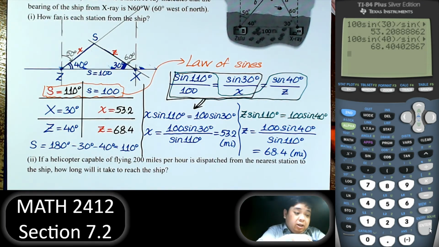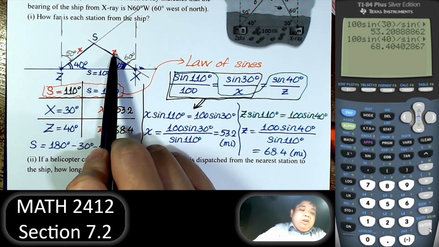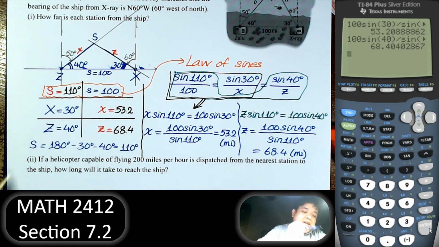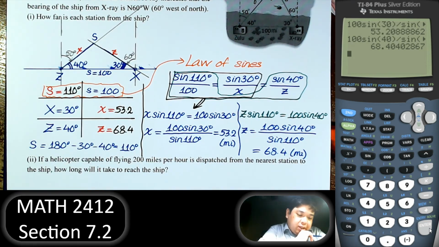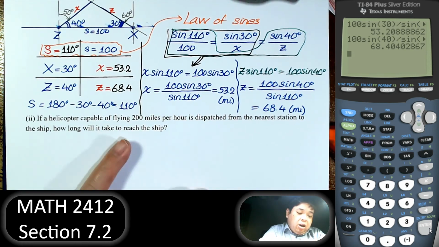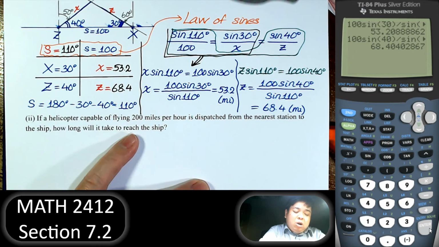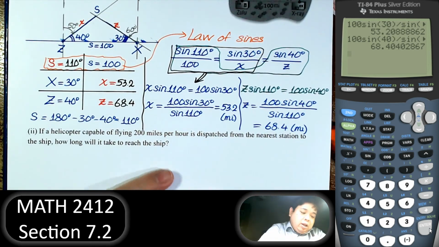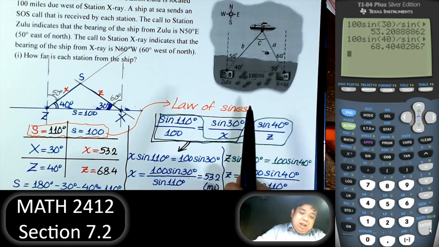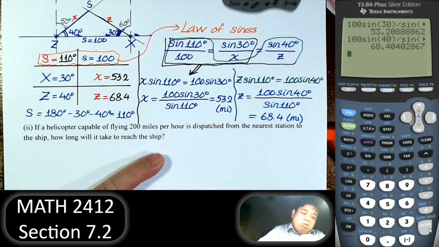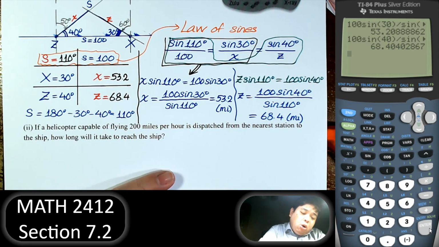Before we do anything, of course, the bigger angle will face the longer side, so this will be a longer distance than this one. Right. The next part of the question: if a helicopter capable of flying 200 miles per hour is dispatched from one of those two, the shorter one, of course, in that case, that would be Zulu. Zulu is closer to the ship than X-ray. How long will it take to reach the ship?